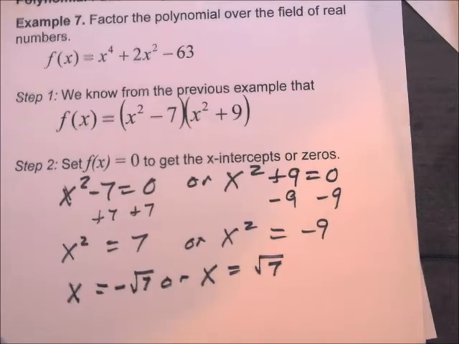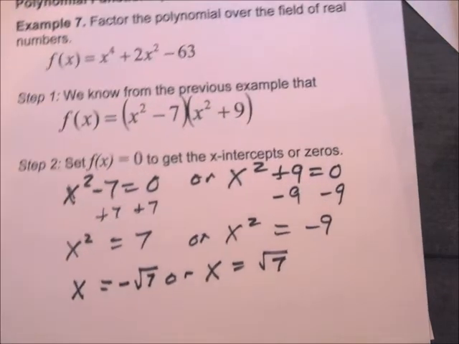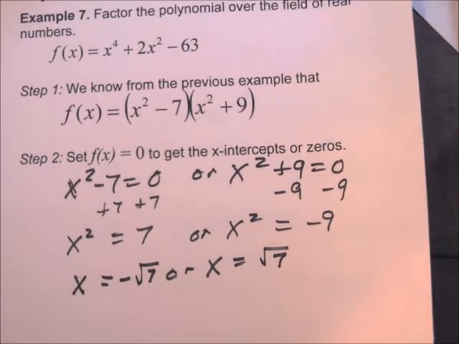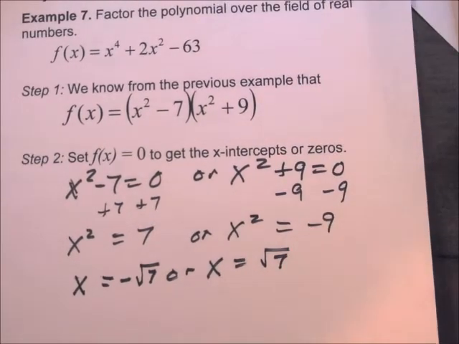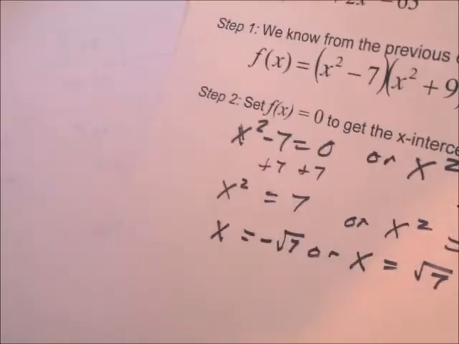Those are the x-intercepts, or the real zeros of this polynomial. Square root of 7 is going to be 2 point something. It's not an integer, but it's a real number.